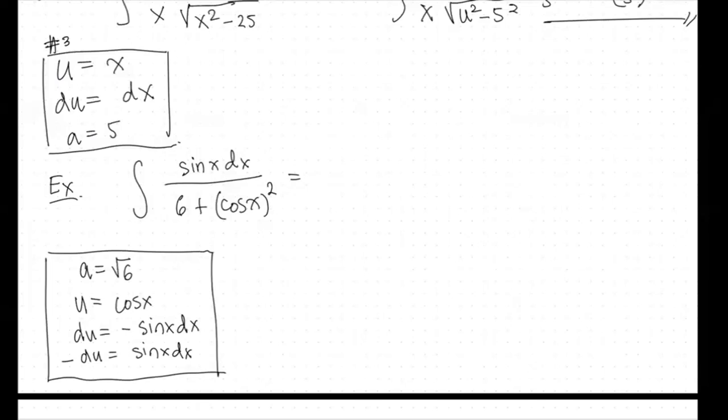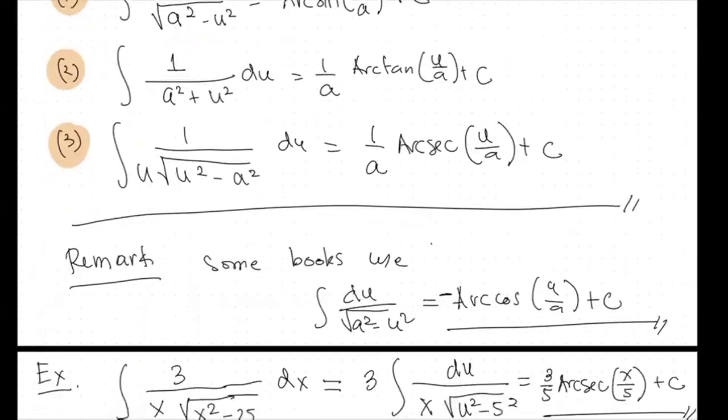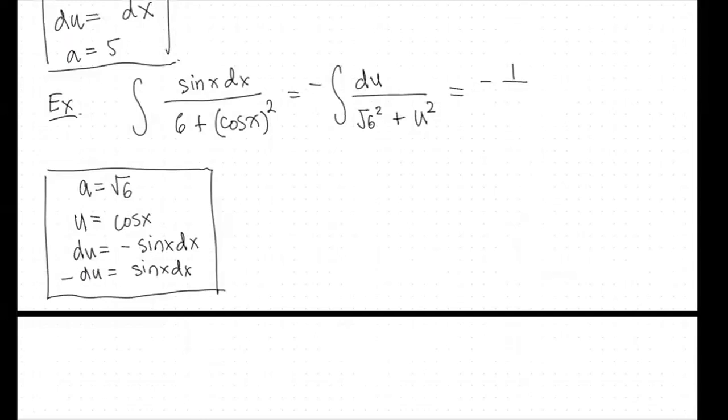So here, this part is negative du, this is your a squared, and this is your u squared. So let's do that. I will just put the negative outside and put du here. And we have the square root of 6 squared plus u squared. Here we get negative 1 over a. Note that arcsine and arcsecant have no 1 over a, while arctan has. 1 over a is 1 over square root of 6.